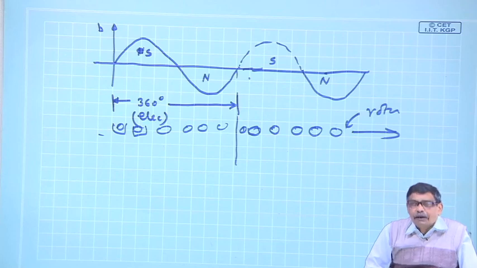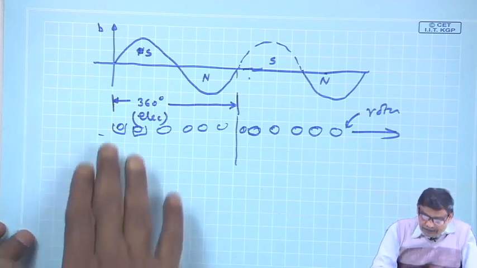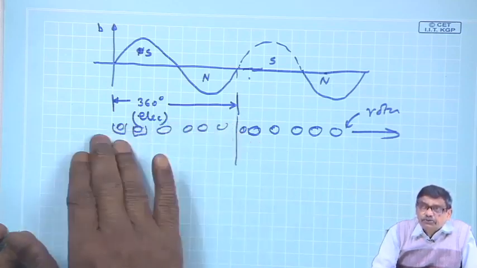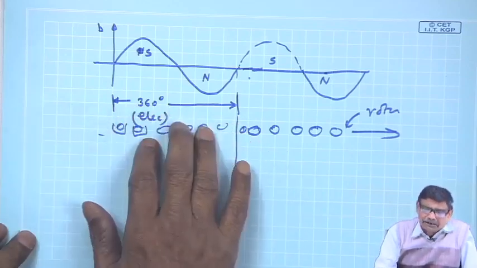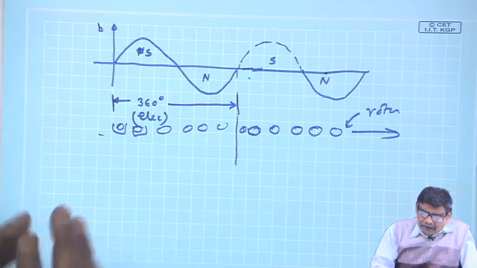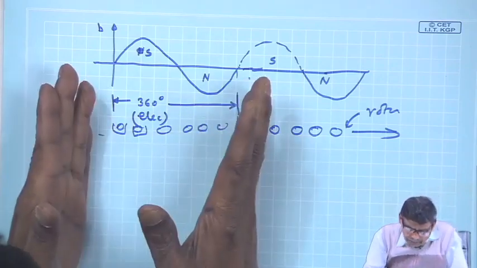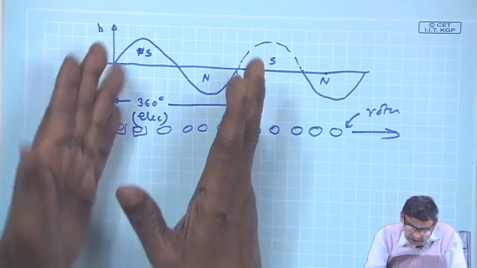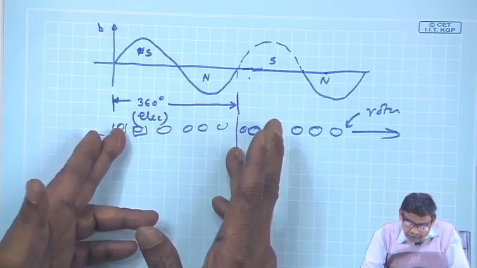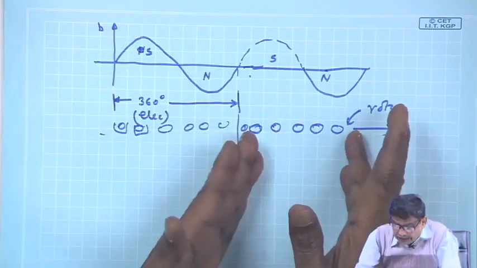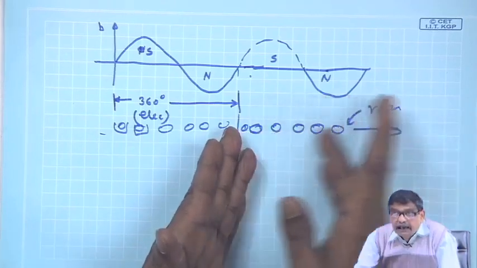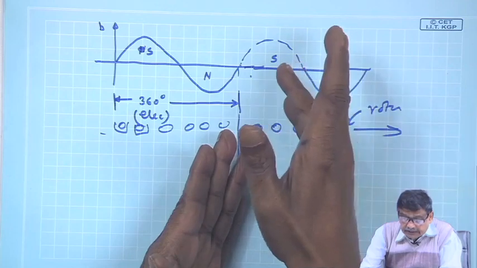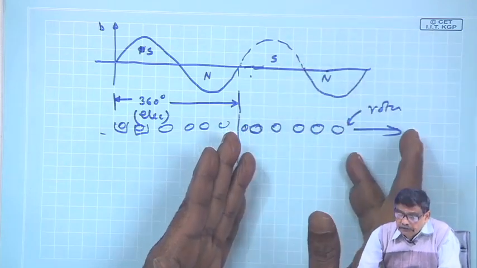Whatever is happening now at a given time, so far as current distribution in the conductors, voltage induced in the conductors, their polarities, whatever is happening to this set of conductors under this pair of poles, identical things will be there in the conductors underneath the second pair of poles.